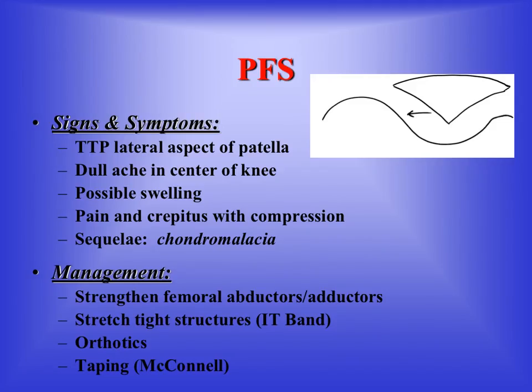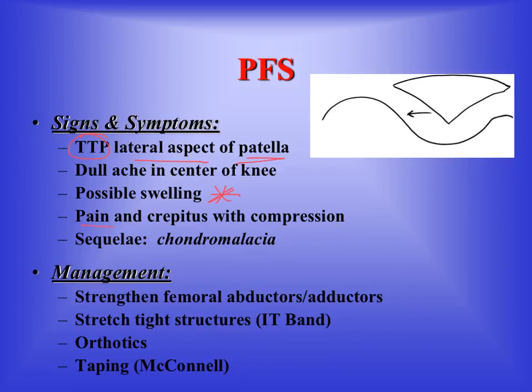Some of the signs and symptoms associated with patellofemoral syndrome: number one, the patient will report tenderness to palpation on the lateral aspect of the patella. When you touch the outside of the patella, they're going to jump off the table. They also complain of a deep-seated ache in the front of the knee that's really centralized. You may or may not have swelling, so this is like a 50-50 chance.